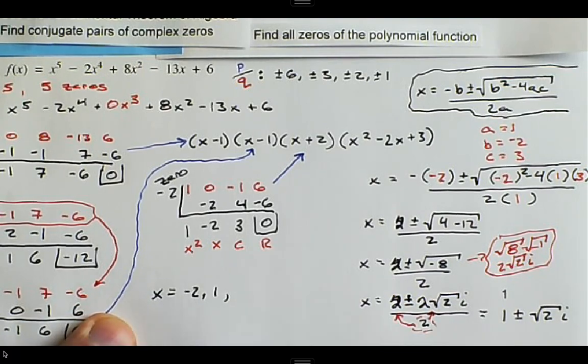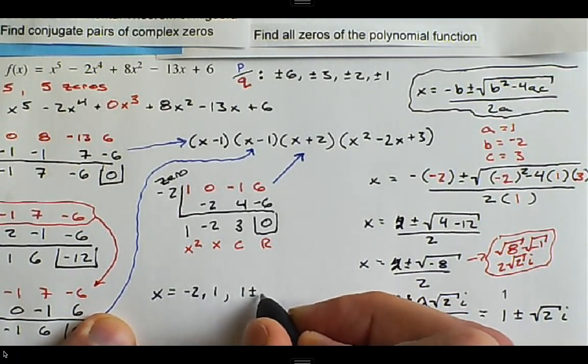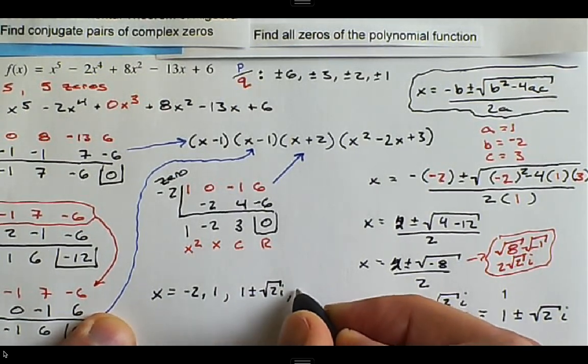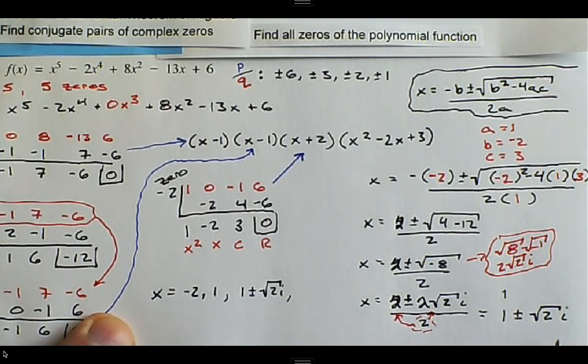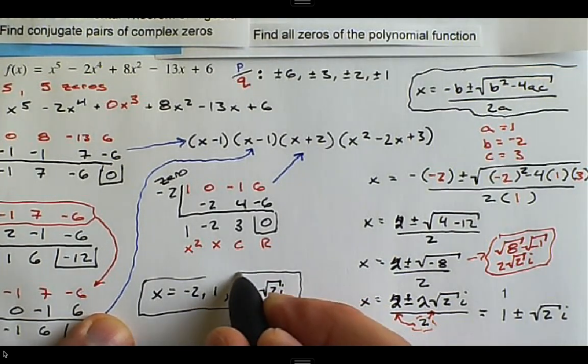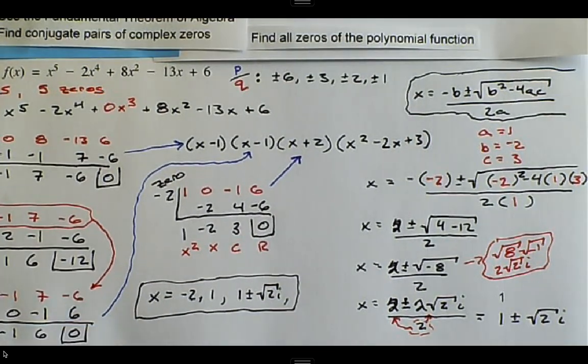That's actually a double root or a multiplicity of 2. And then we have 1 plus or minus the square root of 2 i. And that's both of those over there. So those are our solutions. We have 1. We have a double root here, so 2, 3. And then 4, 5. And we can check that out on the graph.